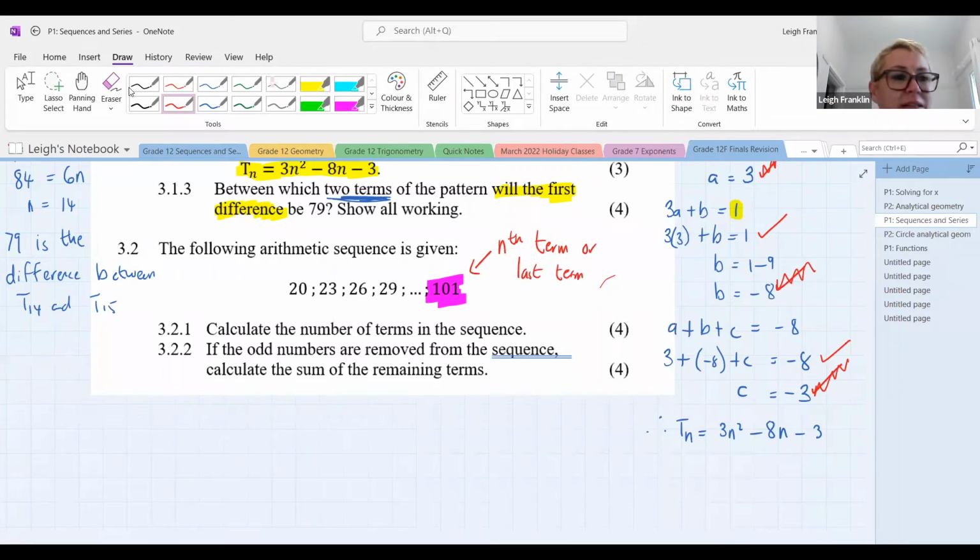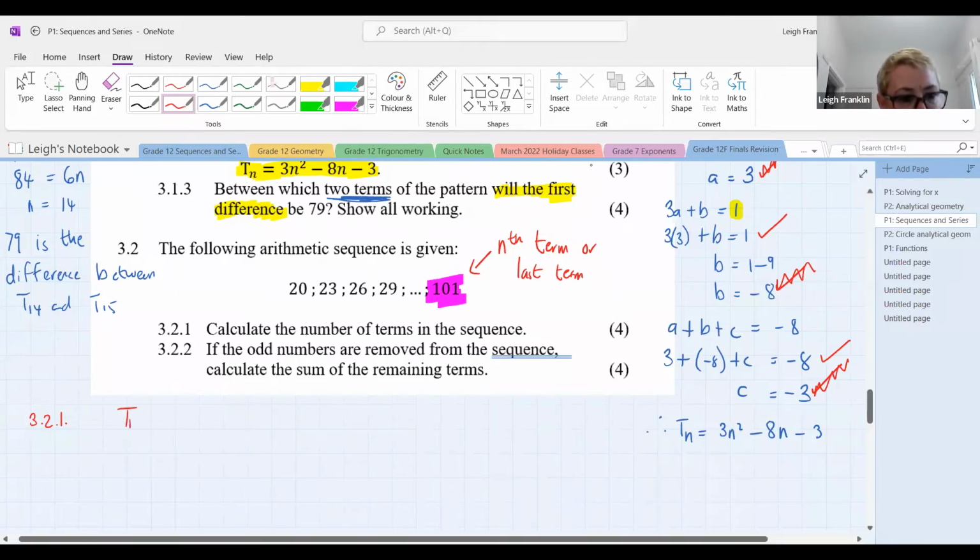So if that is the nth or last term, they want us to work out what the corresponding n is if Tn is 101. So again, what formula are we going to use? Remember, the pattern is arithmetic. So we have to use our Tn formula for arithmetic sequences.